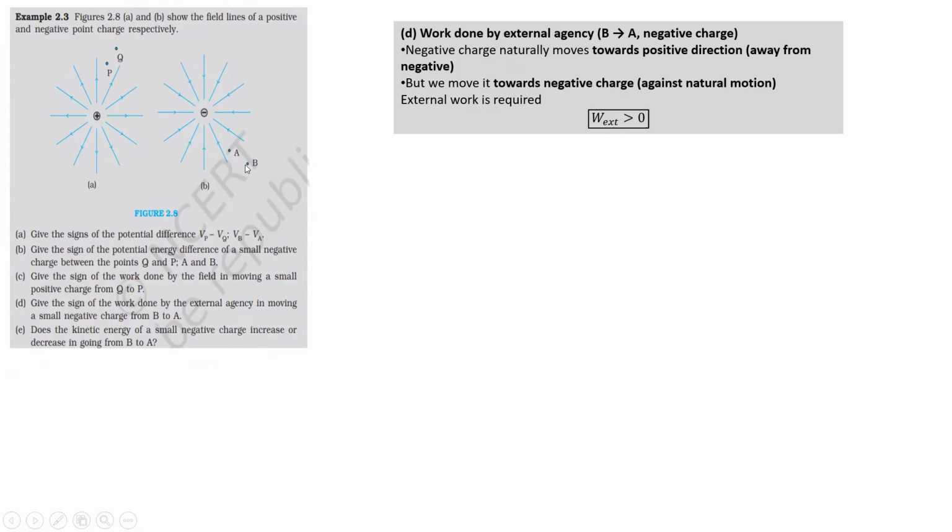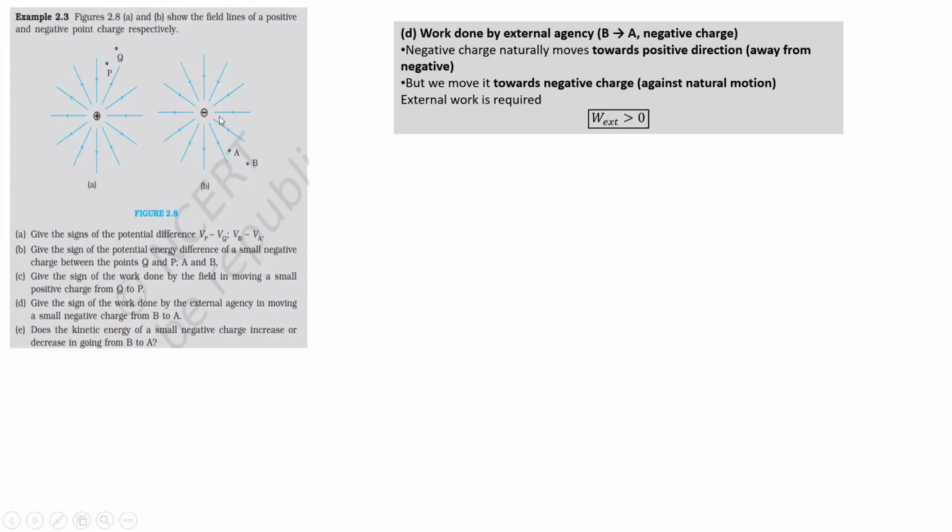Suppose if I keep a negative charge for any reason, it won't come inside, it will go outside. Correct? Because the field is outward. External agency means I'm pushing the charge. In which direction? I'm pushing the charge from B to A. I'm standing here and pushing the charge from B to A by the external agency.